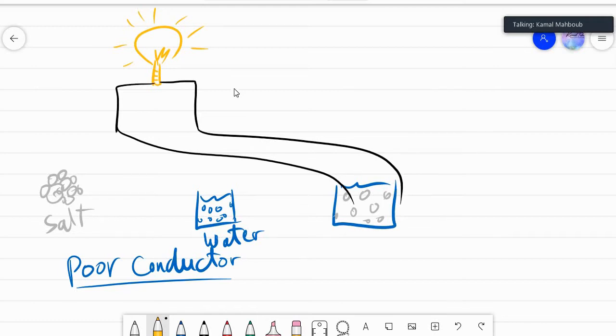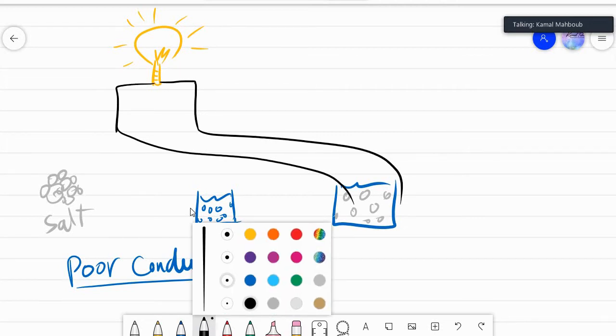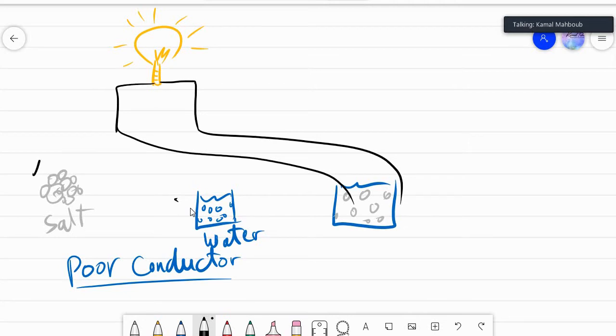Sir, how can this one conduct electricity and this one not? Okay, do you know why? Because in chemistry, inshallah maybe in grade 7 or grade 8, you will learn something called ions. This salt is made up of sodium and chlorine. I just give you an idea, because I know that most of you will ask me this question.